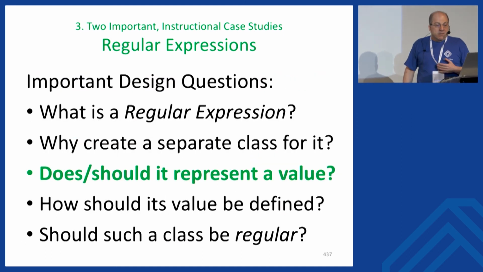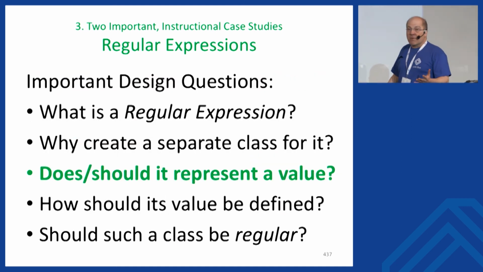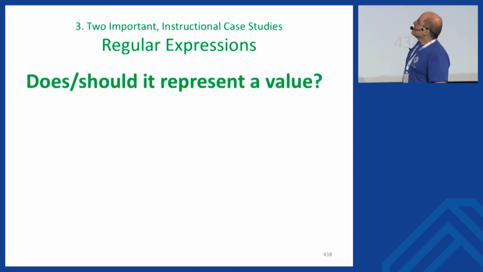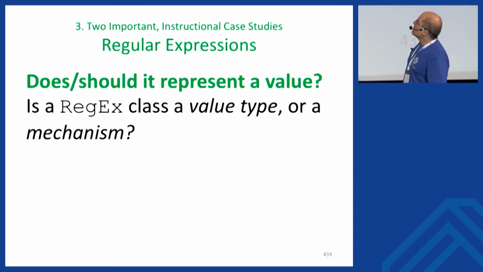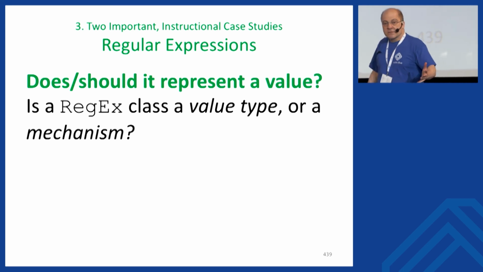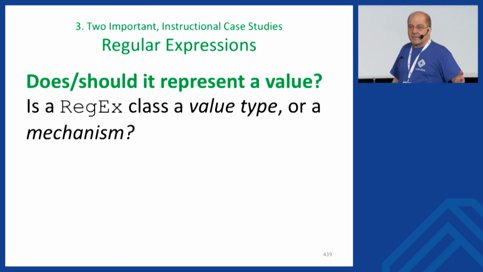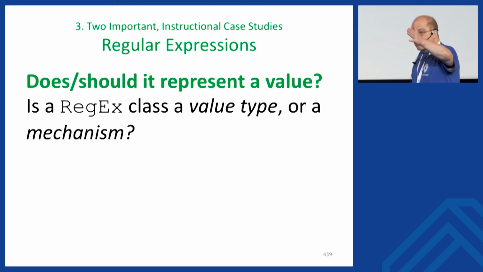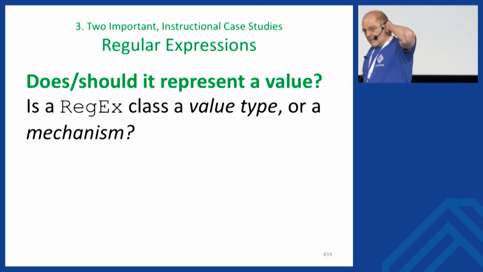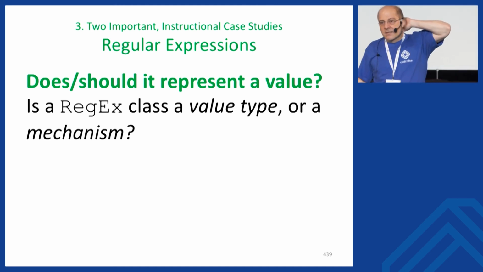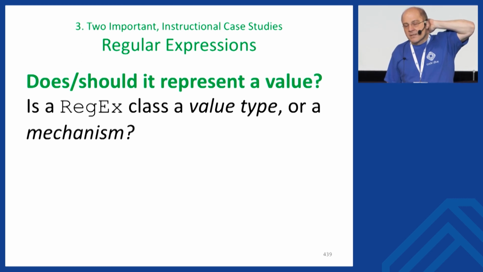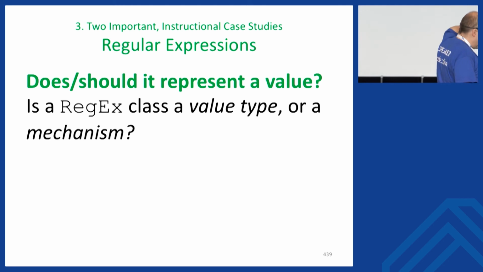Okay. Should this object represent a value? So, what do you think? It's pretty obvious what it's going to be, because why would I be talking about it? Yes? It's a functor object that stores the parameter of the function.